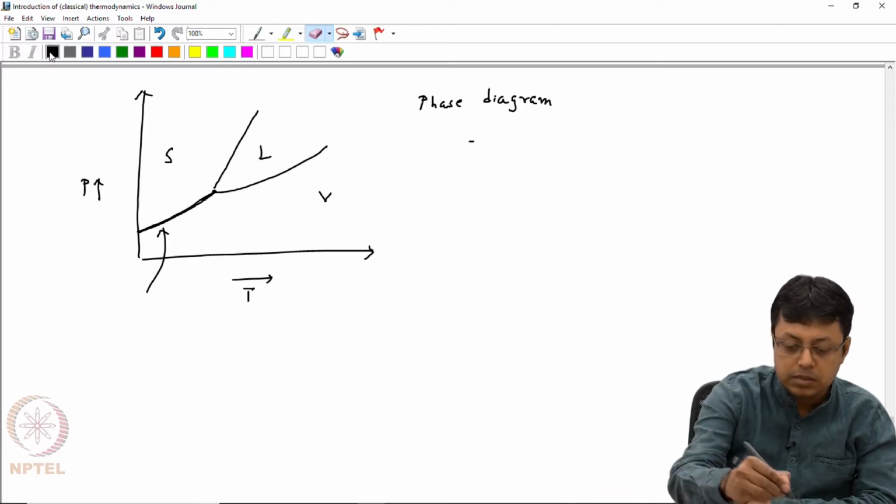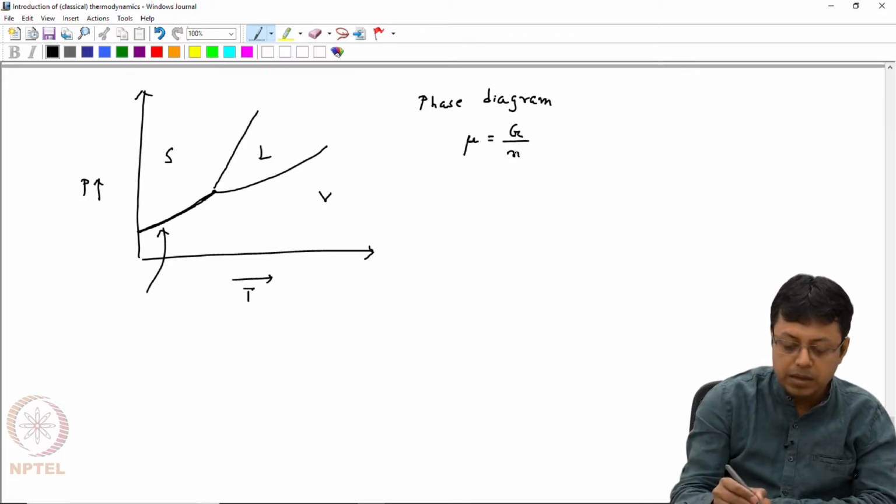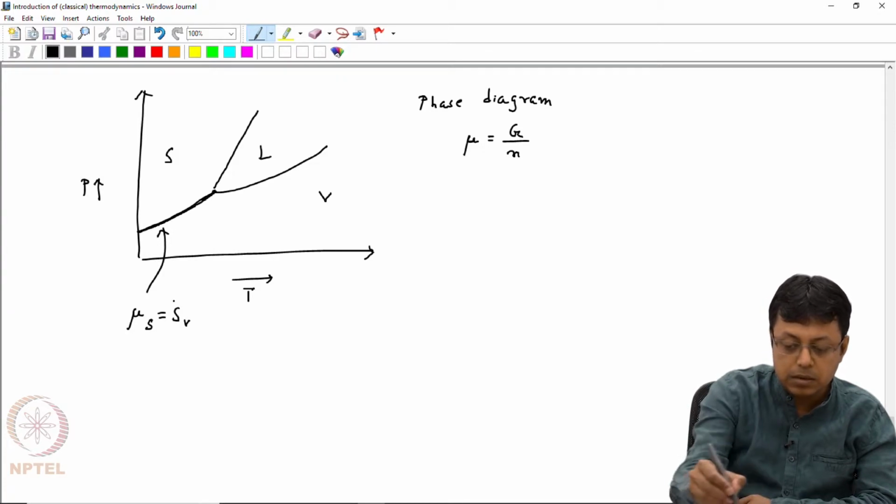We have not discussed chemical potential until now. Chemical potential is nothing but the Gibbs free energy per unit mole. So this chemical potential must be equal for the solid and the vapor, because it's the line which is joining the solid and the vapor.